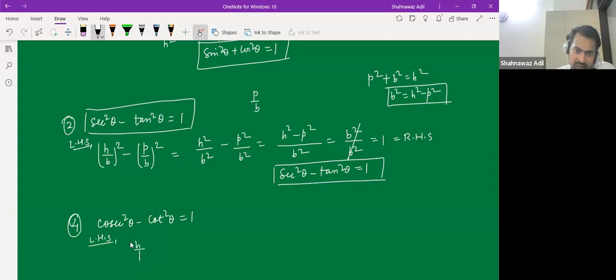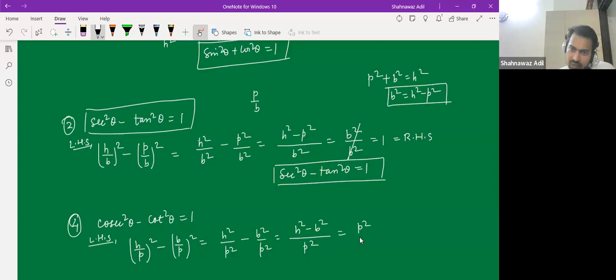H by p, squared, minus b by p, squared. So this is h square by p square minus b square by p square. The LCM is p square, and h square minus b square is p square. So p square by p square is 1. So this is the third.